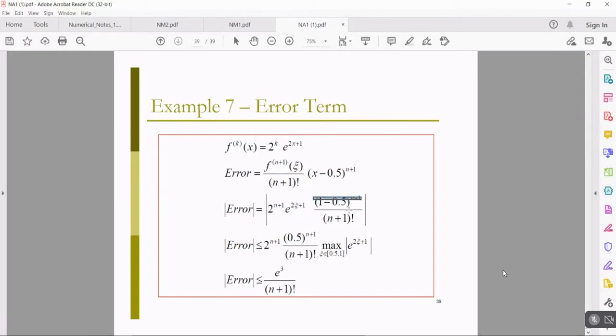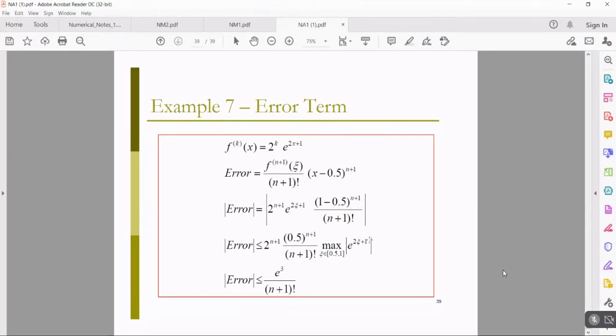This can be rewritten as 2^(n+1), which comes out of the absolute value because it is a positive number. Then 1 - 0.5 is again a positive number, so this also comes out, and the factorial is also positive.